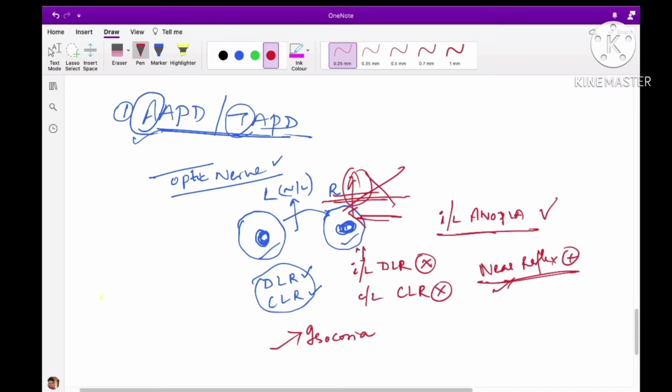Why? When you are testing the damaged right eye, both pupils will be dilated, because nothing is happening. When you are testing the left eye, both will be constricted, because both are normal. So both pupils will be the same size, that is, isochoria.